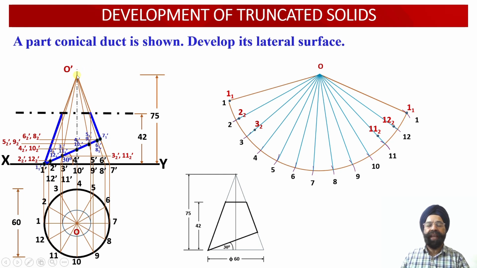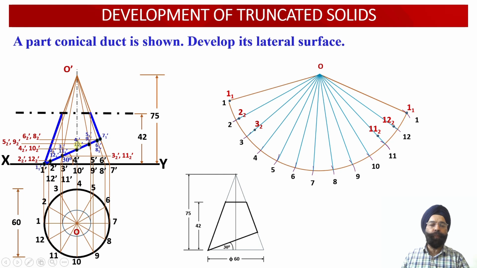So this radii O dash 3 2 dash and O dash 11 2 dash obtained onto the true length. If we measure this distance and transfer it onto the slant generators O3 and O11 over here, the 2 points of intersection 3 2 and 11 2 we have been able to identify over here.